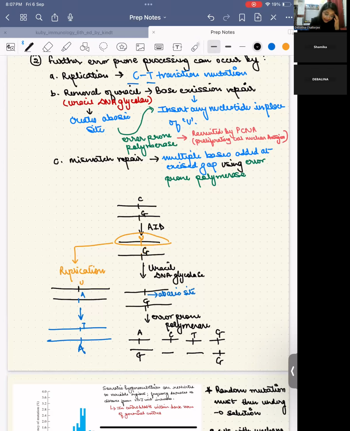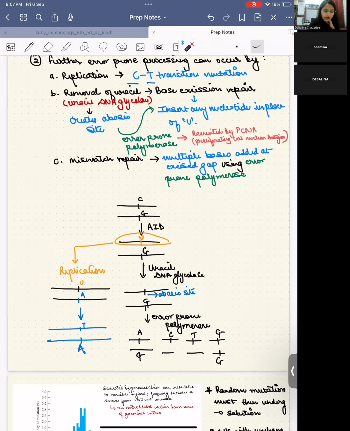What recruits this error-prone polymerase is this thing called PCNA, proliferating cell nuclear antigen, right? So this is, a second. PCNA, I am not sure that it's exactly an enzyme or if it's a transcription factor or something.